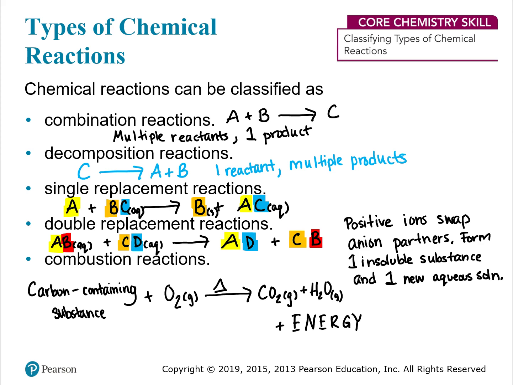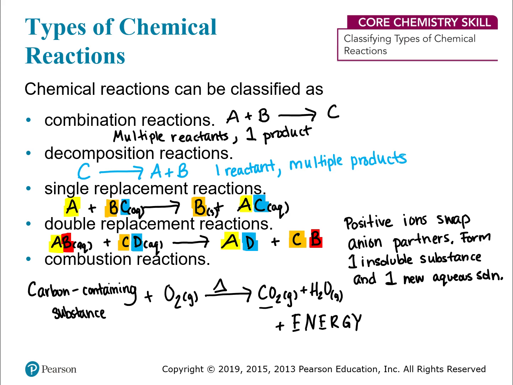This reaction should be familiar to you because if you've ever driven in a vehicle, car, bus, motorcycle, whatever, chances are it's probably fueled by gasoline or diesel. Those are carbon-containing compounds that, when mixed with air that contains oxygen, they combust and create emissions like carbon dioxide and water and a lot of energy.